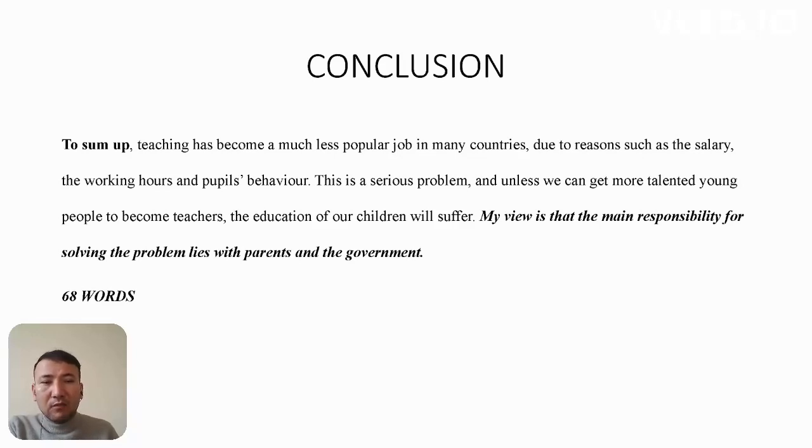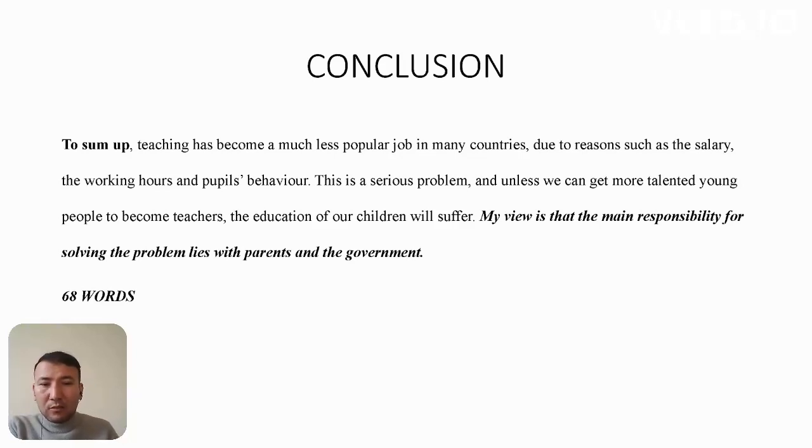And unless we can get more talented young people to become teachers, the education of our children will suffer. My view is that the main responsibility for solving the problem lies with parents and the government. Yes, individuals cannot do it; parents can support, and parents should say to children, please respect your teacher and follow the instructions of your teacher, stuff like that.